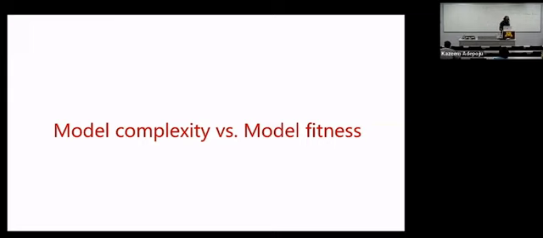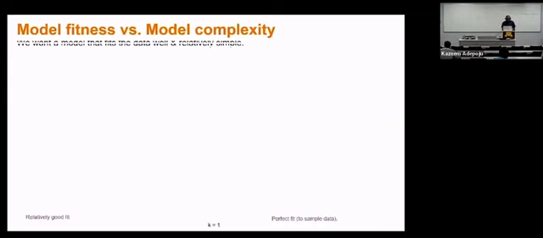Let's take a look at that. What do you think we want? We actually want a simple model that can capture the relationship. We don't want a complicated model if possible. Does that make sense?